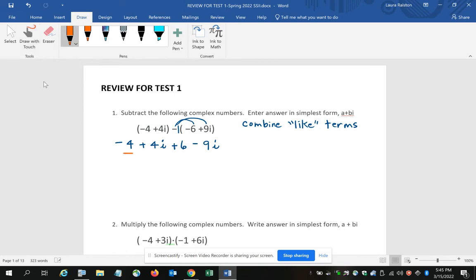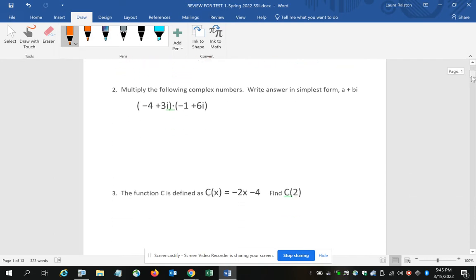So negative 4 and plus 6 would give me a positive 2. And then I want to combine the imaginary numbers. Plus 4i minus 9i would give me minus 5i. So when I subtract negative 4 plus 4i minus negative 6 plus 9i, the final answer is 2 minus 5i. We simply combine like terms.